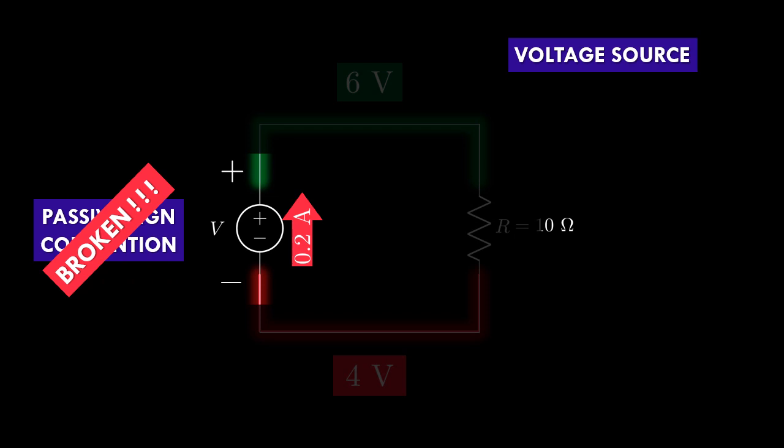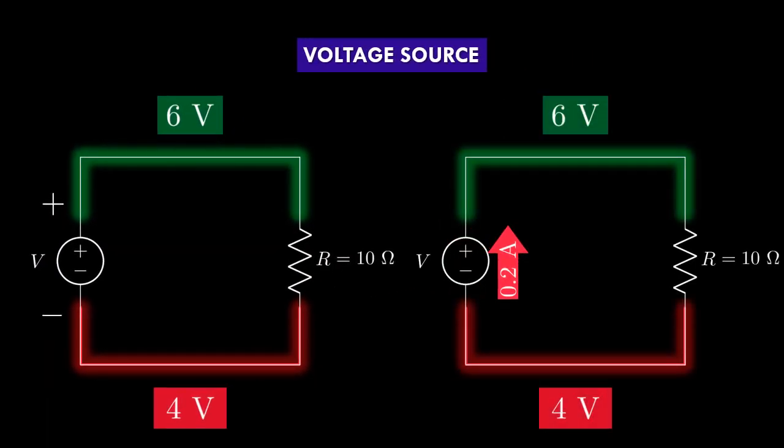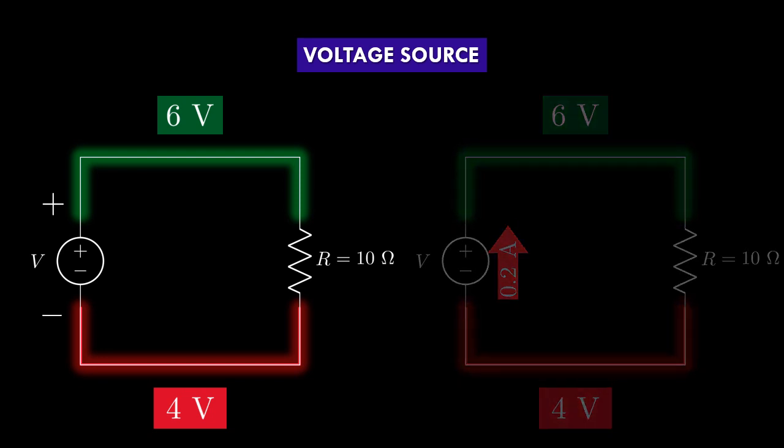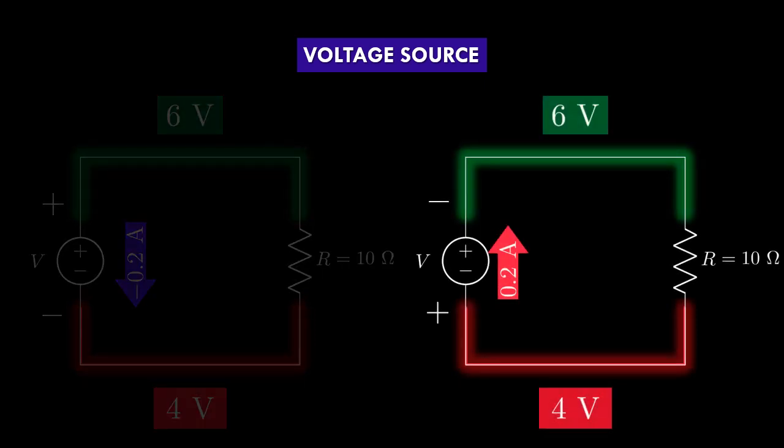But don't worry, you basically have two options. Either go with the positive-negative terminal and flip the current to follow passive sign convention, or go with the direction of current and flip the positive-negative signs. Both of them will give you the correct answer as long as you follow passive sign convention.